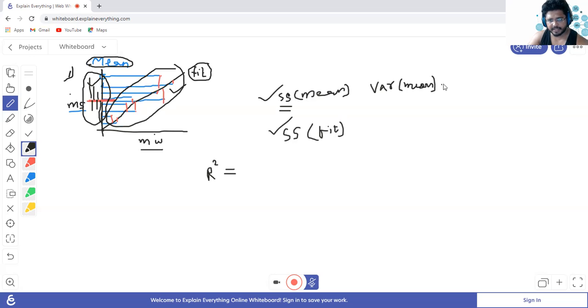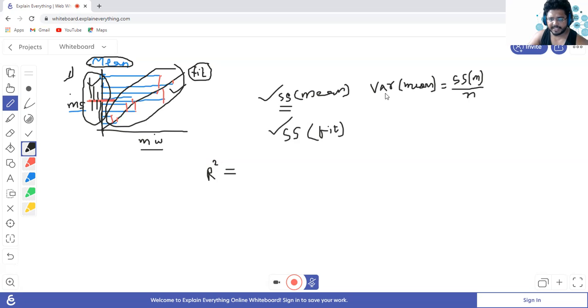Variance of mean is nothing but SS mean divided by the number of observations, or number of measurements.